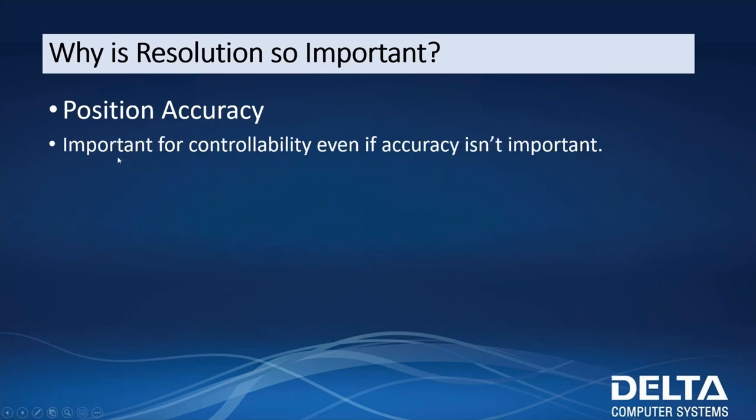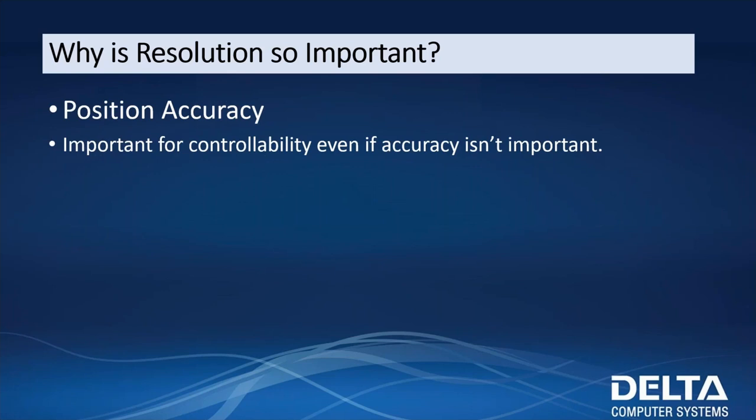So position accuracy is important for controllability, even if accuracy isn't important. This is something that's very good to note because a lot of times you might think, well, I don't really care about the accuracy all that much in my application, so I can get some subpar feedback and maybe it's not going to affect me.